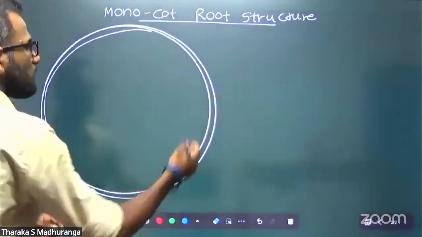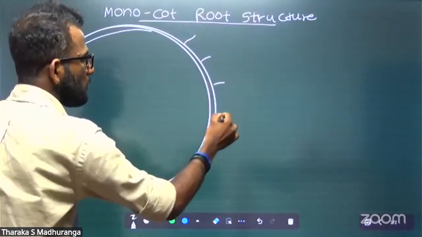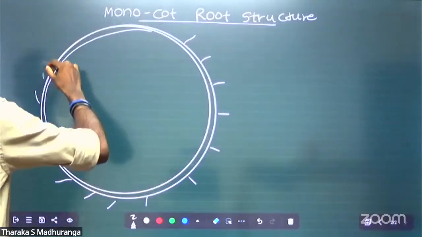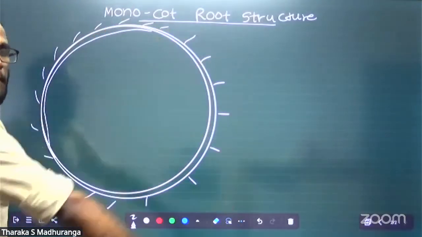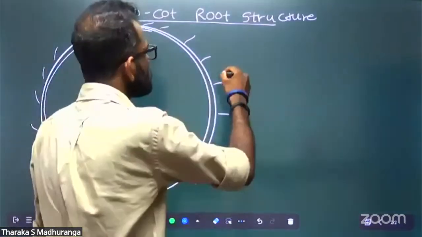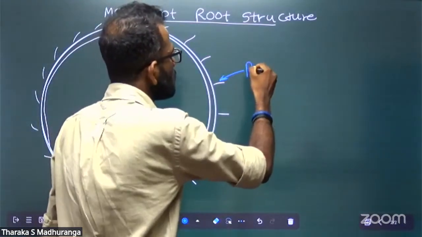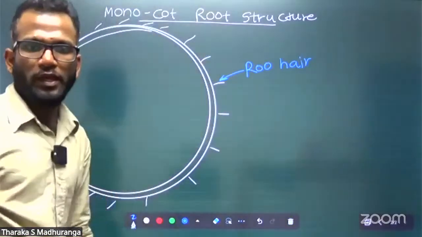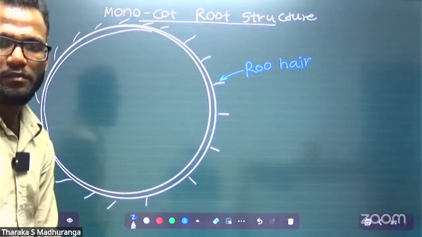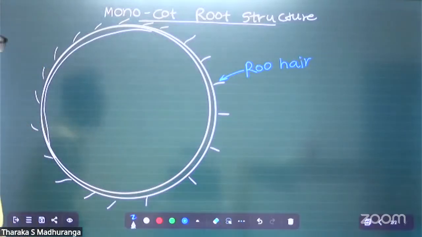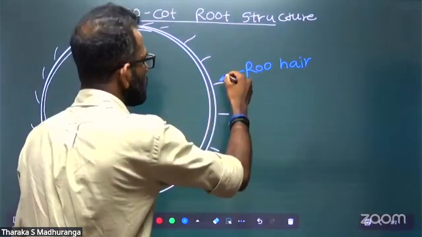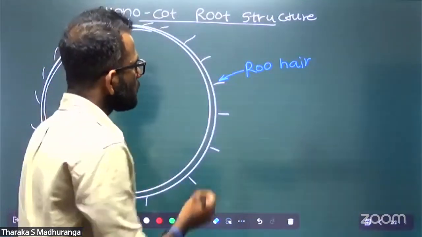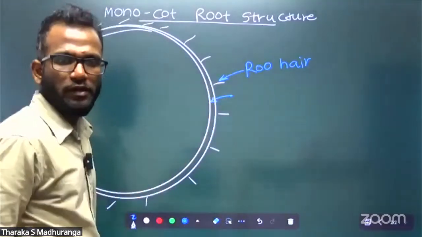This is the root here. Then what is this cell layer?